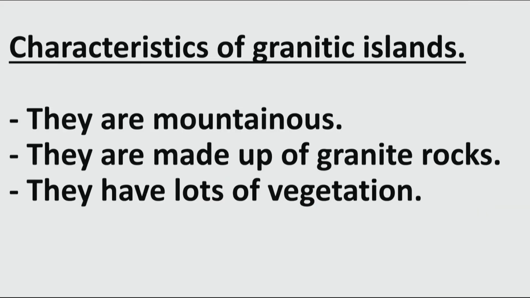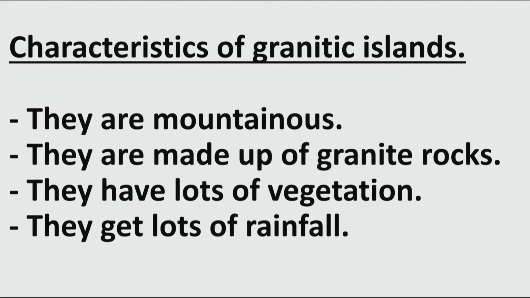So other characteristics of the granitic islands, they have lots of vegetation. And granitic islands also get lots of rainfall. Okay, so the characteristics of granitic islands, they are mountainous, they are made up of granite rocks, they have lots of vegetation, and they get lots of rainfall.